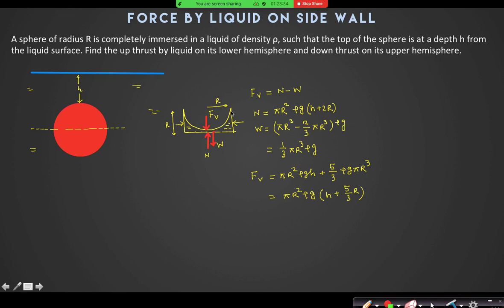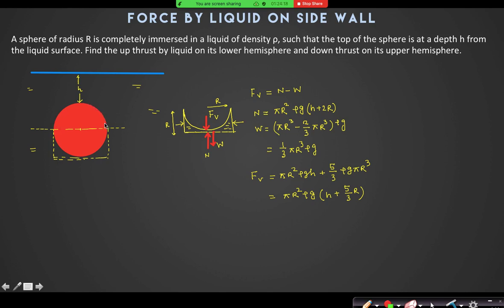It's not 2r, I have taken only the liquid below this lower hemisphere. So this height is just r. The radius of the cylinder is also r. Yes, sir, understood.